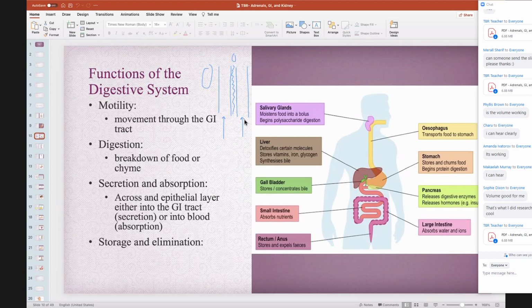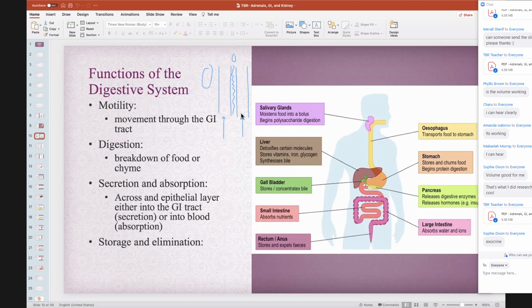And so when we talk about secretion and absorption and directionality, when we secrete things, we're actually secreting things into the GI tract, and absorbing, we're pulling from the GI tract. So secretion and absorption are directional terms. Secretion is going from inside the body out into the lumen of the GI tract, and absorption is pulling it in from that lumen inside the body.